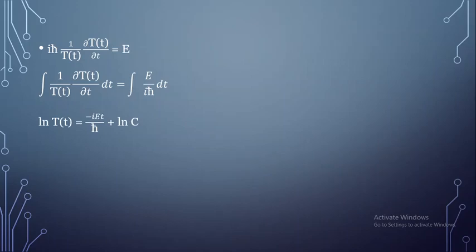So ln T of t will be equal to E by iħ, which can be written as minus iE by ħ, because 1 by i is nothing but minus i. That remains as a constant, and integration over dt gives t. So the RHS term will be minus iEt by ħ plus ln C, where ln C is the integration constant.